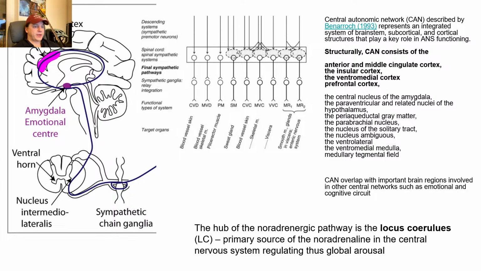They go through the brainstem to the spinal cord. And what I was trying to show here is that we see the sweat gland, and here we see the smooth muscles that go to the pupil as well.